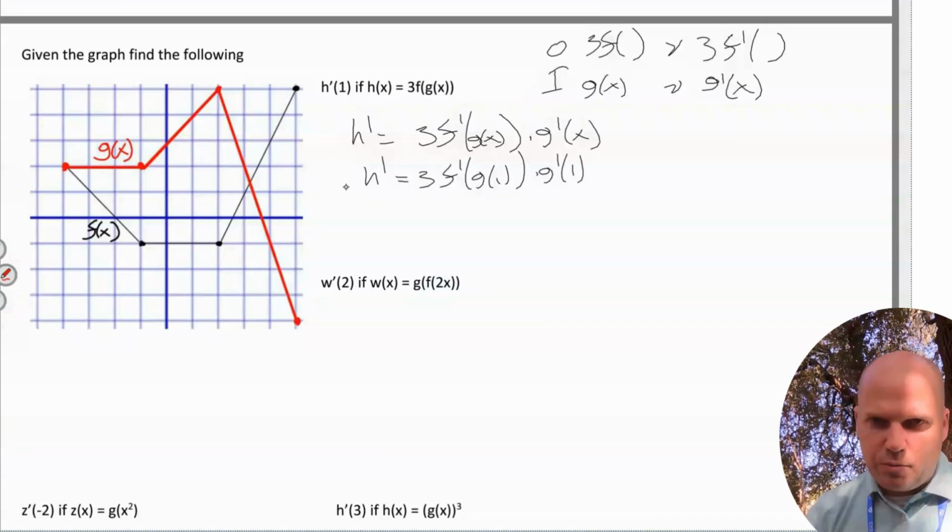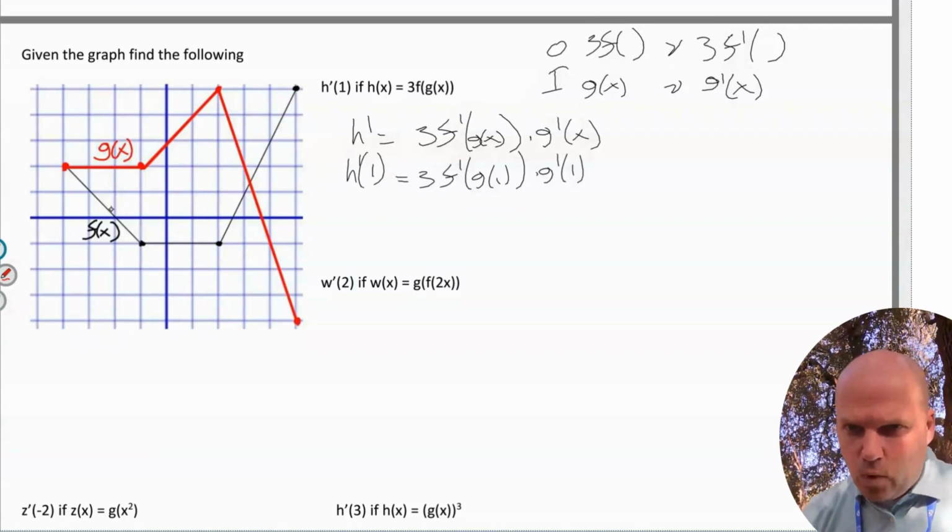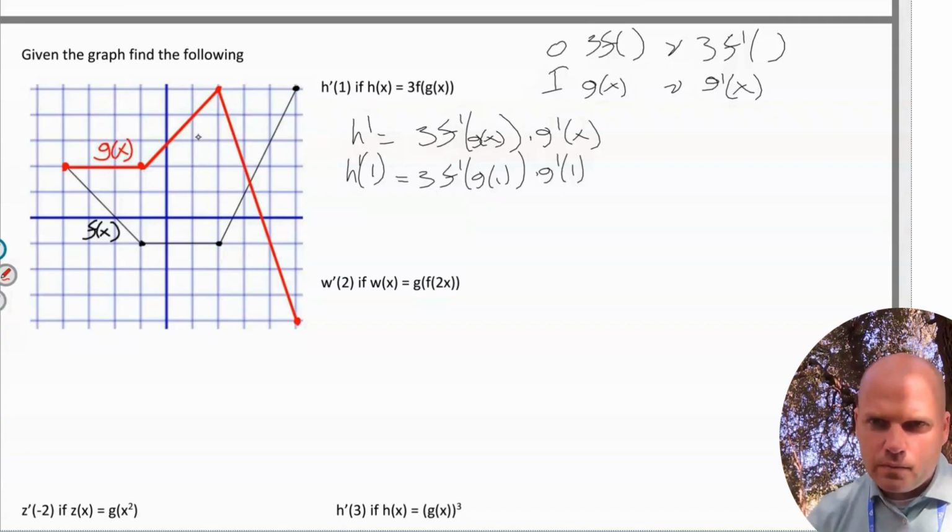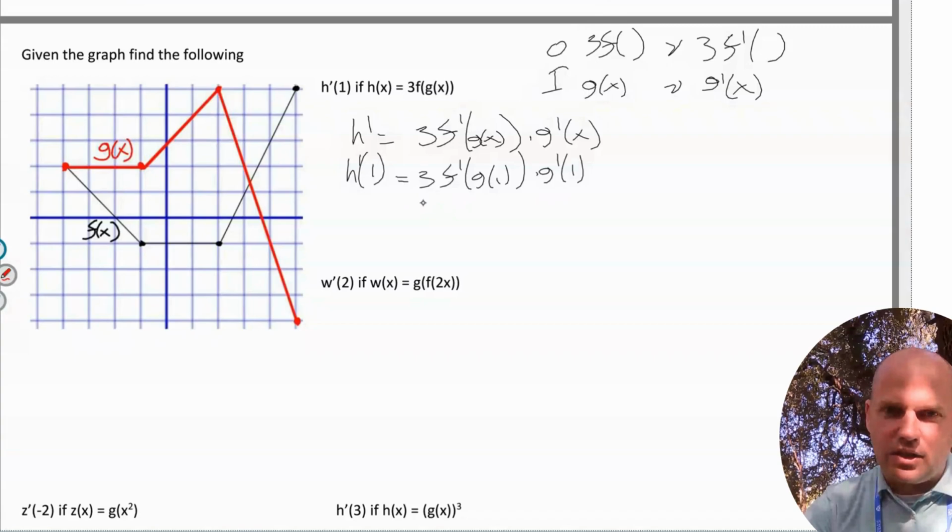I should be better with my notation. H prime of 1. So G of 1. G of 1 is 1, 2, 3, 4. I think my cursor's slow because this homework is so long. Unbelievable. Honestly, I almost want to just close this off and open it back up.